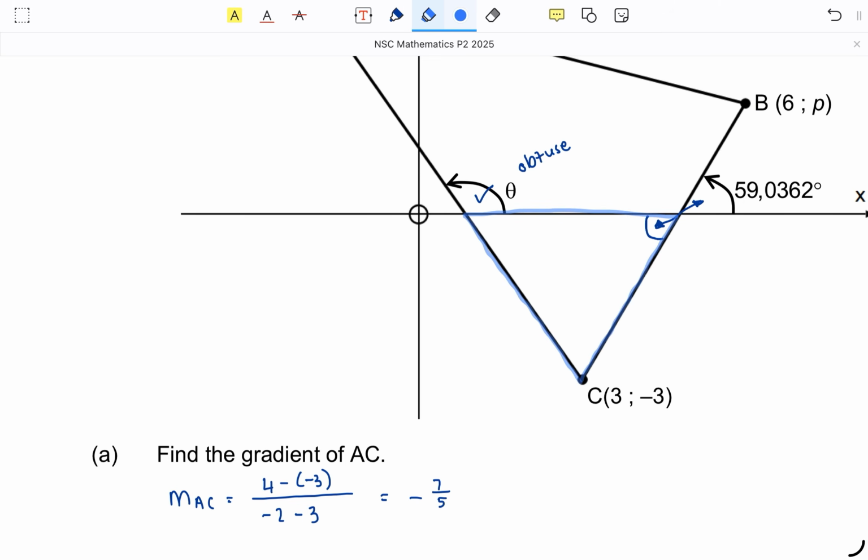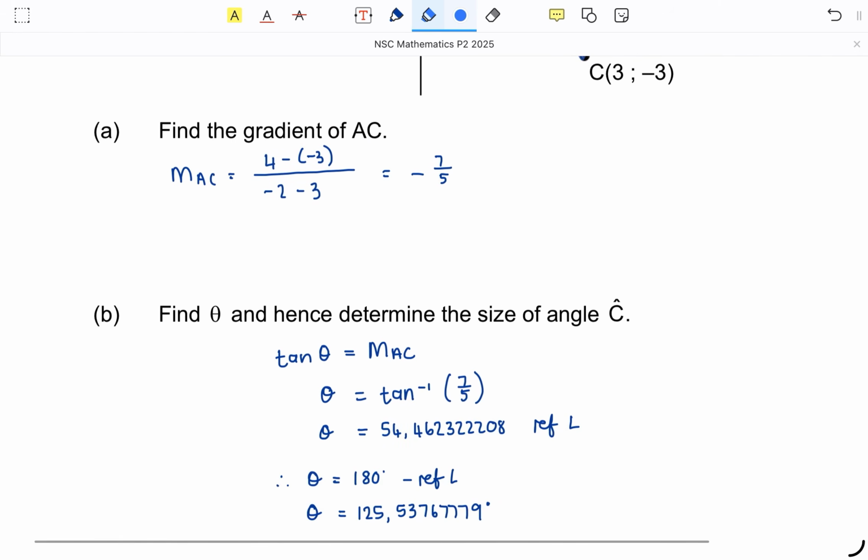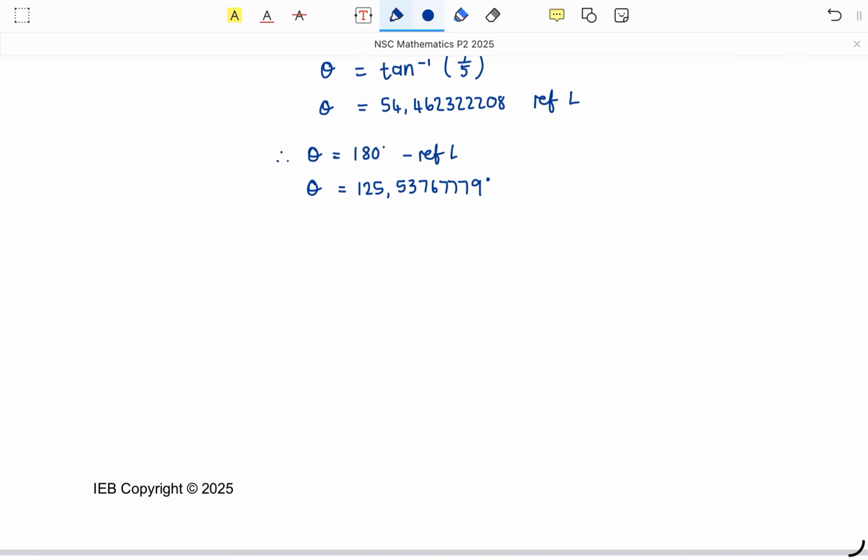Angle C is also an angle inside of this triangle that I've highlighted in blue, and that then makes theta the exterior angle. So we can actually just say that theta minus the 59,0362 degrees will give us C because of exterior angles of a triangle.